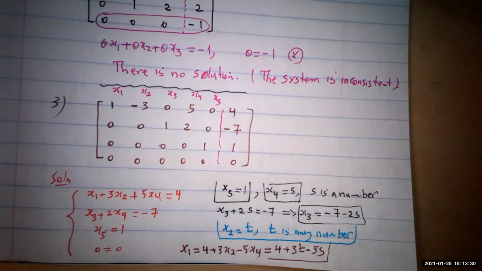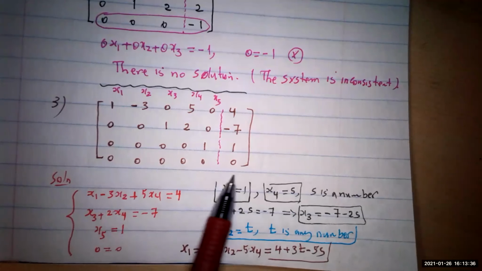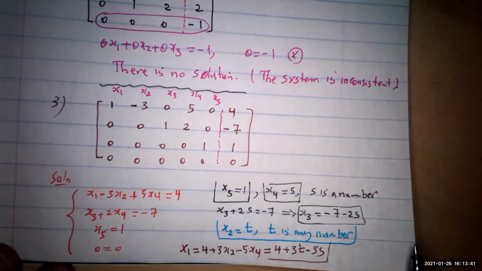This type of interpretation is going to be very important for us. It's not enough to say that this system has infinitely many solutions. The system has infinitely many solutions, but where are those solutions going to be?